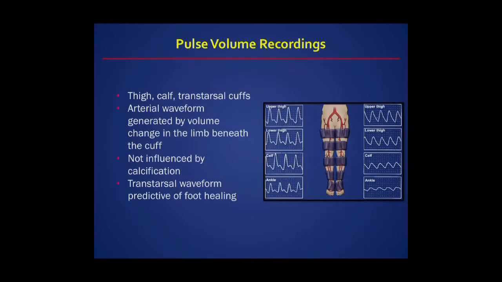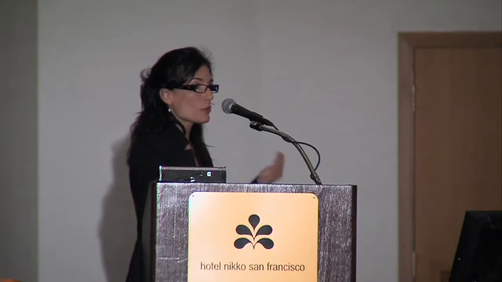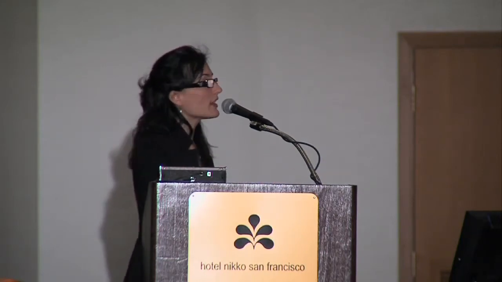We could have pulse volume recordings done, which are pretty good when the arteries are calcified. And then the transtarsal waveform is good for foot healing. With regards to tissue perfusion, this is a method that can be used. It can be a little bit more variable with regards to room temperature and location of the probe, so from one setting to another, it can vary.